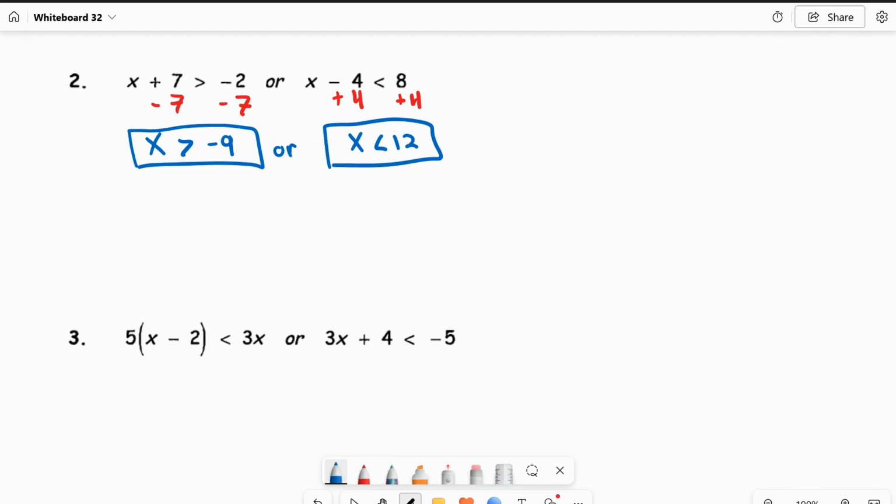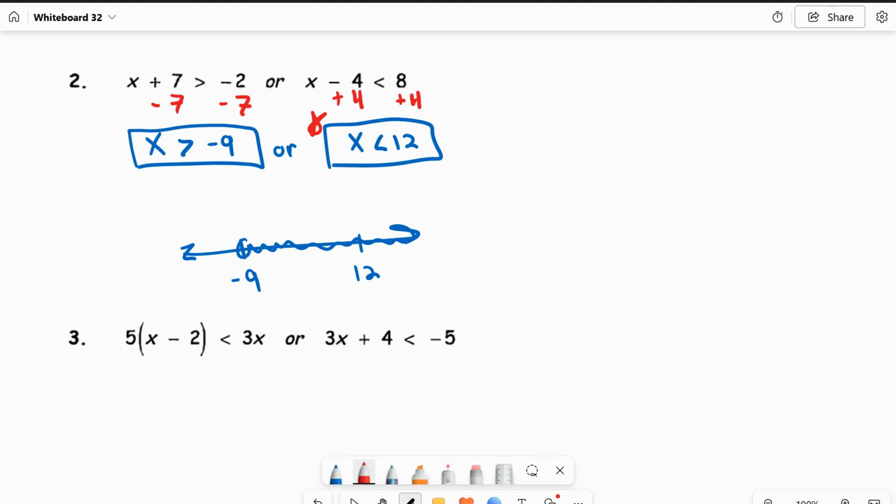So in a case like this, if you were to graph both separately, we have negative 9 and we have 12. x is greater than negative 9, so we'll have an open point shaded to the right.